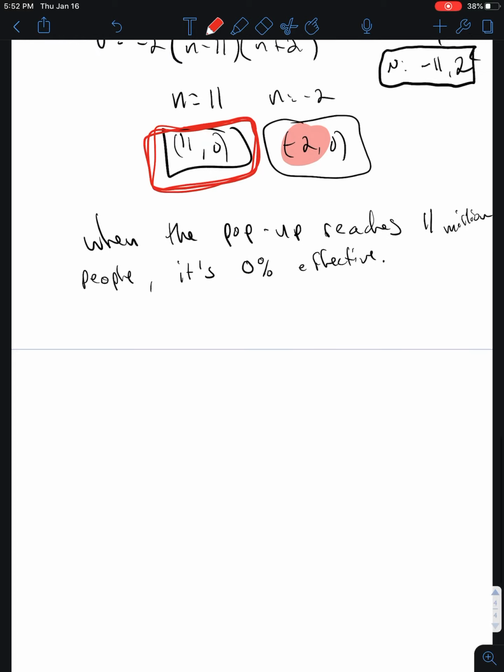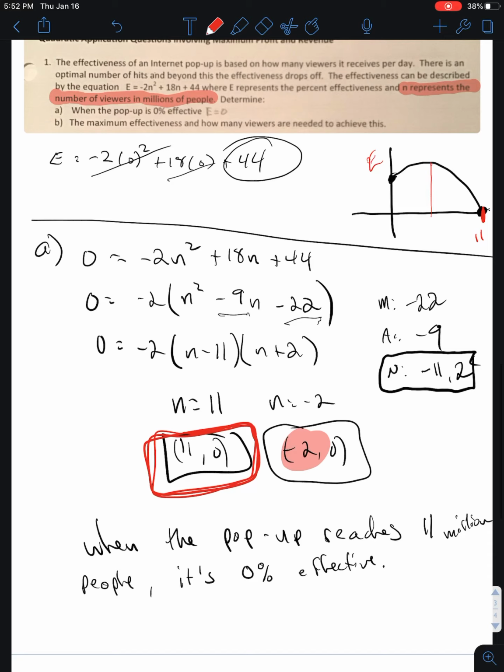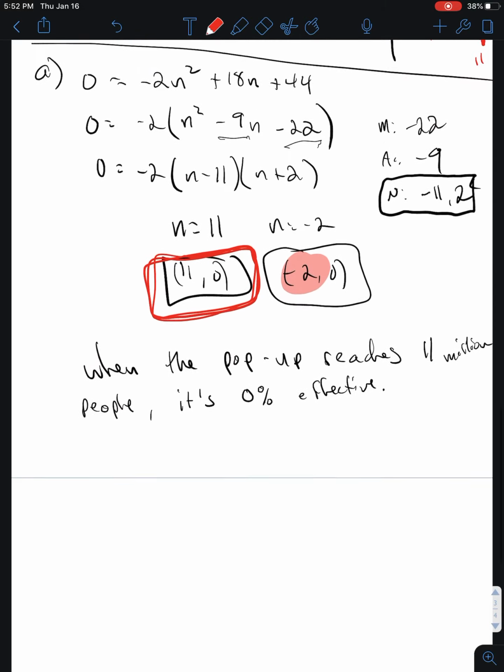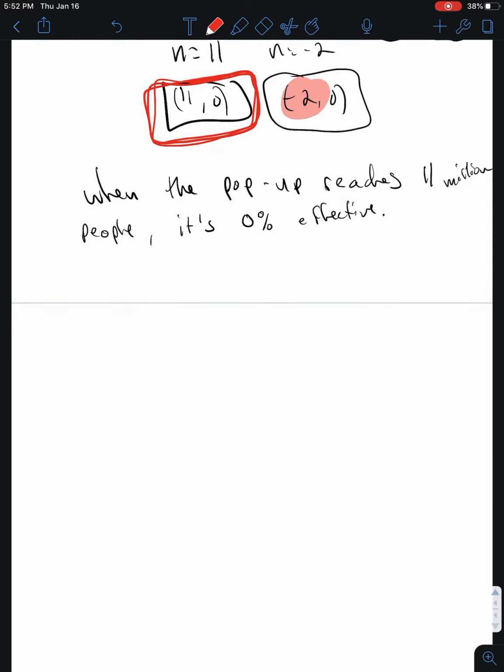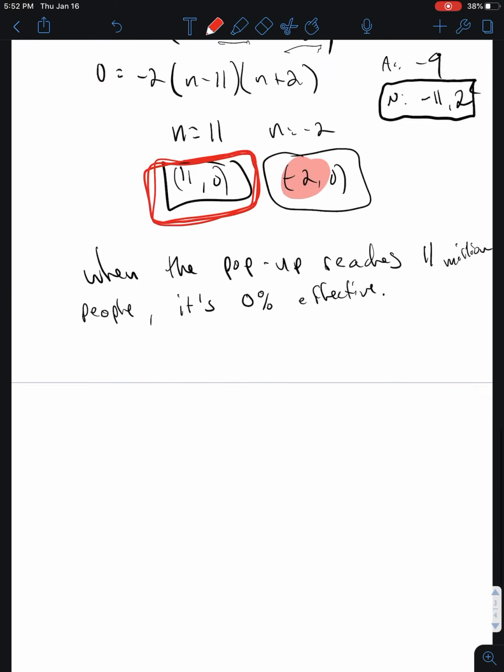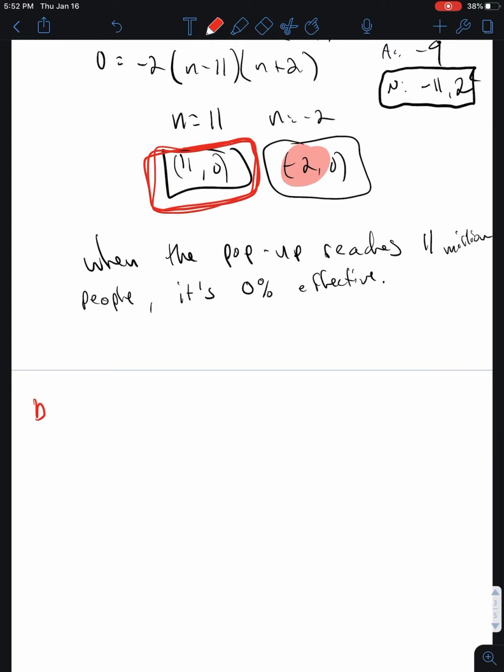When it reaches 11, the question's saying in millions of people, so when the pop-up reaches 11 million people, it reaches 0% effectiveness. That make sense? Okay. Well, that's a tricky question just because of what it was asking for. Weird stuff. Now, part B.